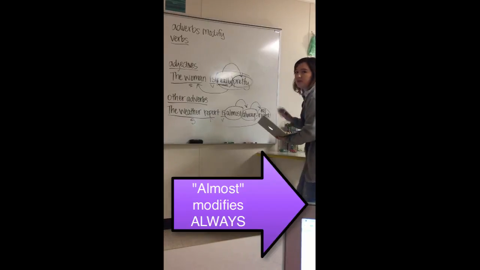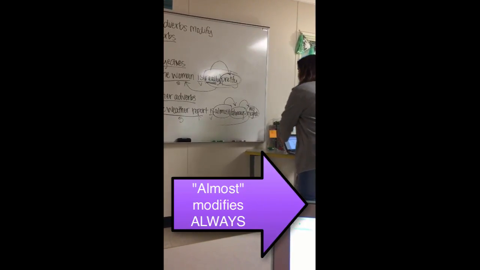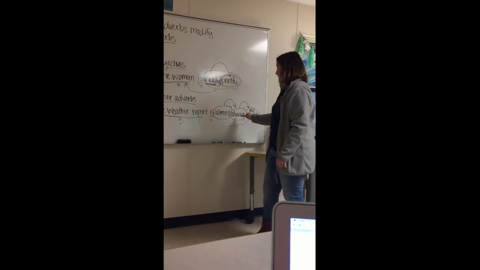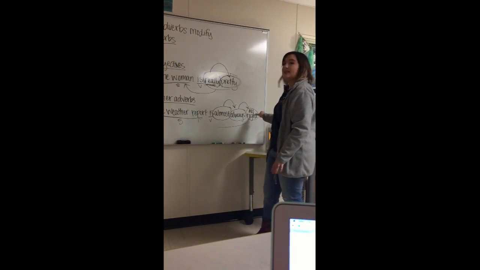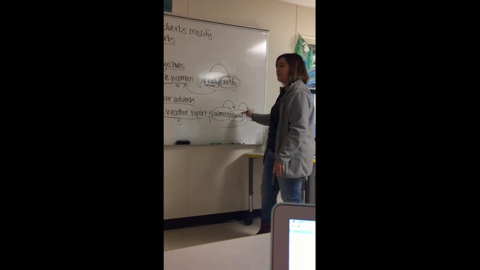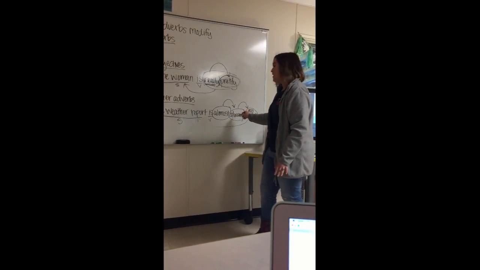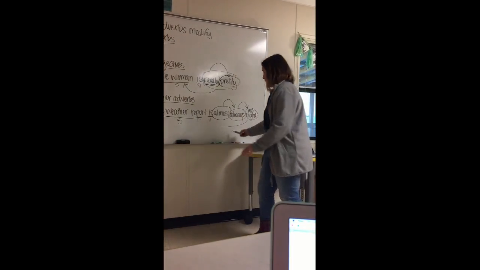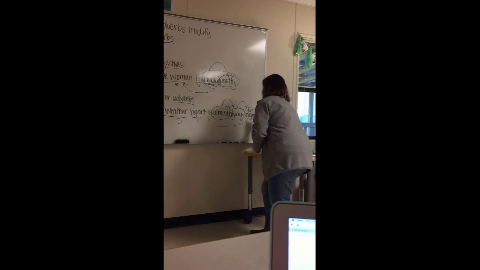I know this seems confusing, but just hang in there. Right is an adjective that describes weather report. Always is an adverb that describes the adjective, and almost is an adverb that describes this adverb, okay? So adverbs can modify other adverbs, okay? So this is an adjective.